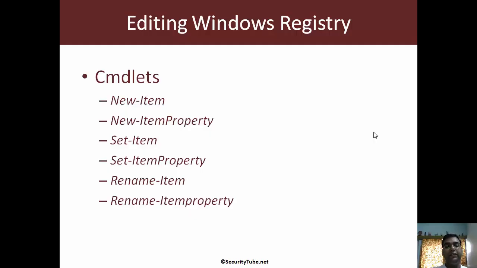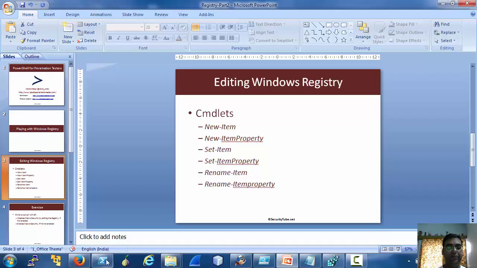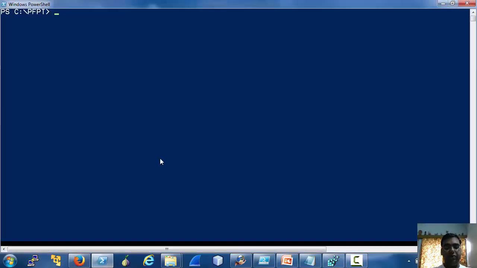Please keep in mind that these commandlets could be used to work with any PS provider. These are not specific or particularly only for Windows registry. We have seen the PS provider commandlet earlier, so let's just have a quick look at it.